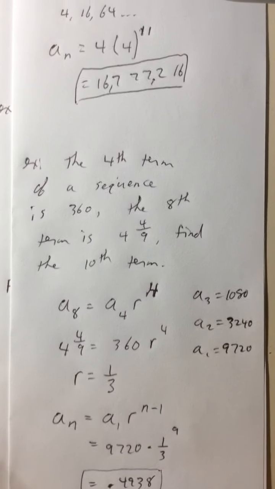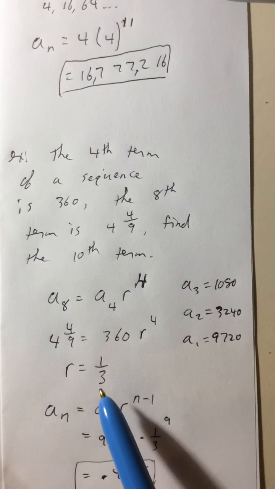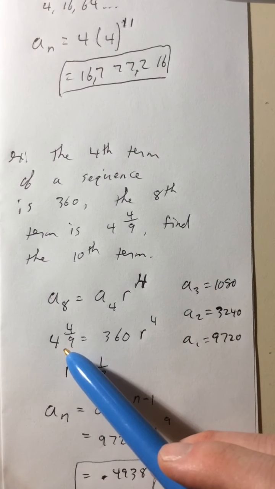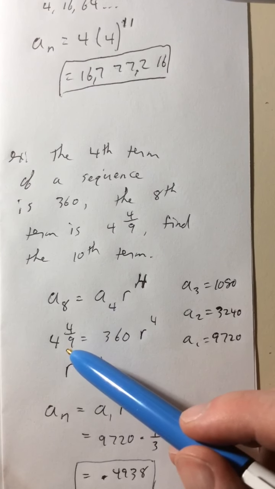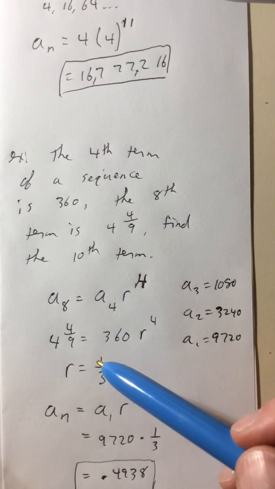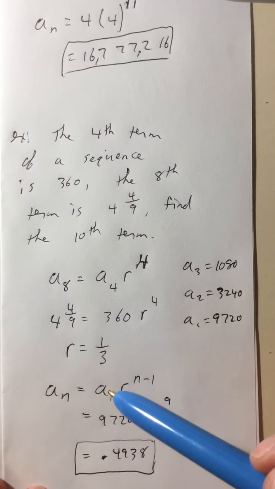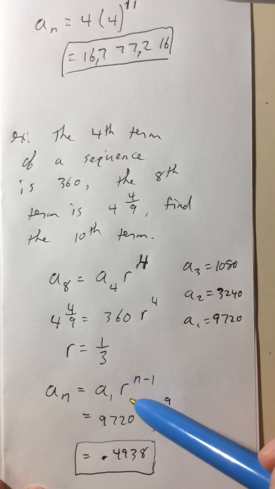Now, of course, once we found out that the common ratio was 1/3, we could have just taken 4 and 4 ninths, which was the eighth term, and multiplied by 1/3, and then 1/3 one more time, and that would also get us to the 10th term. I wanted to make sure we were able to do the formula method as well.